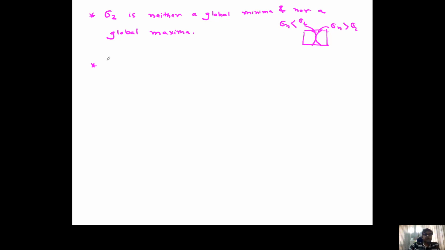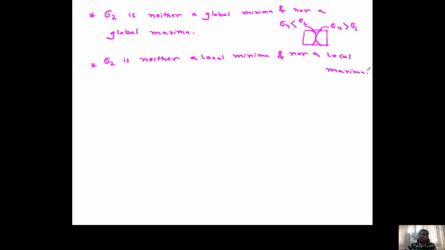Sigma 2 is neither a local minima nor a local maxima. So sigma 2 is not optimal from a global point of view, and sigma 2 is not optimal from a local point of view.